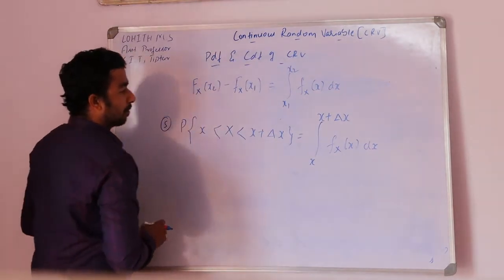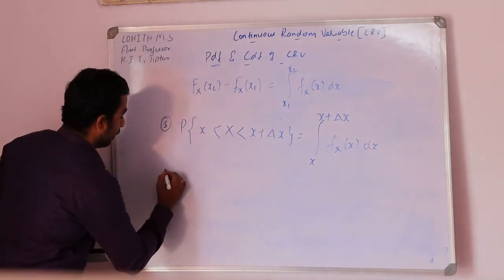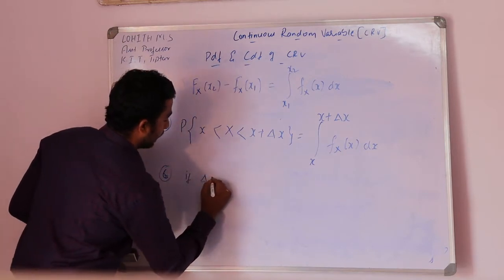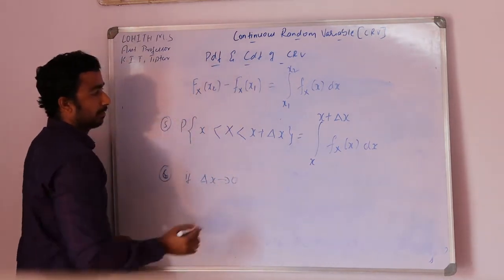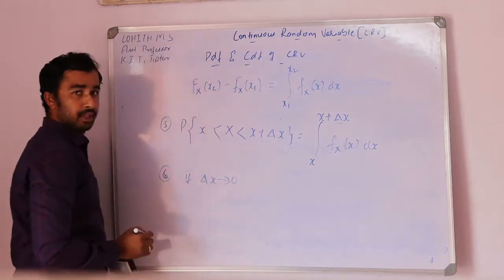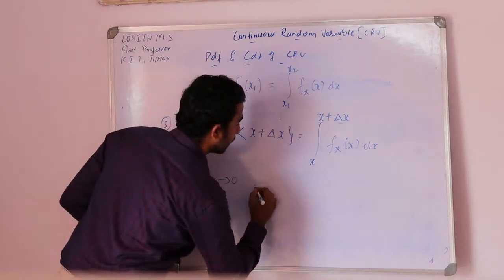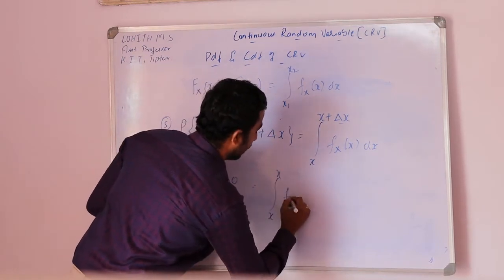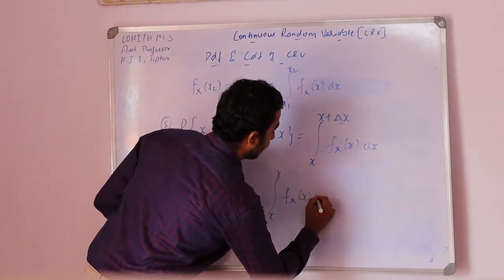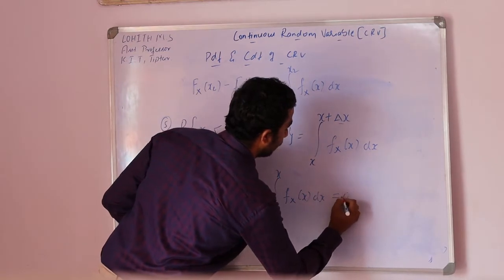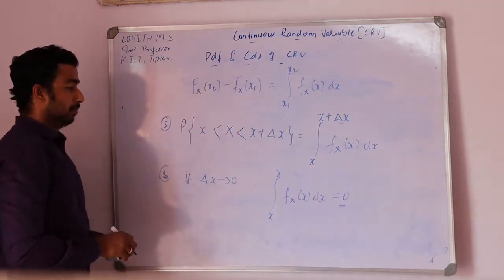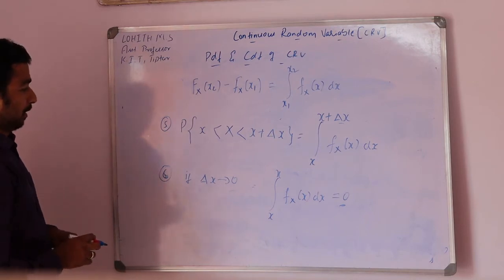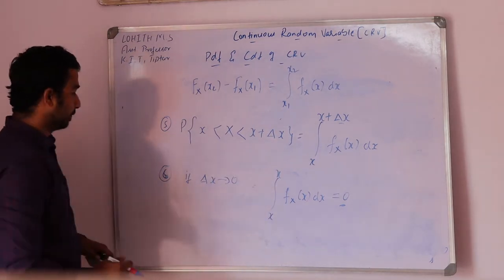Now from this, if delta x tends to 0, then this can be written as the integral from x to x of fx(x) dx equal to 0. The cumulative distribution function, if its limit is from x to x.